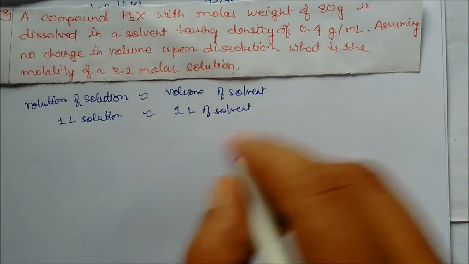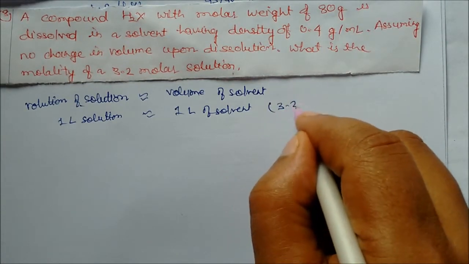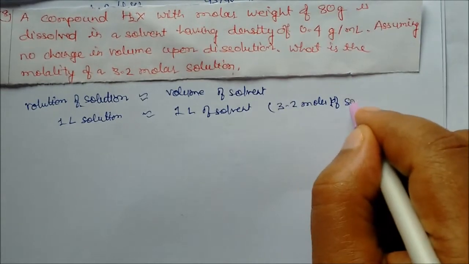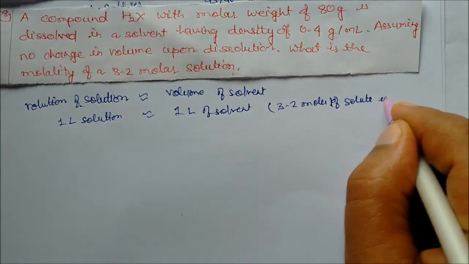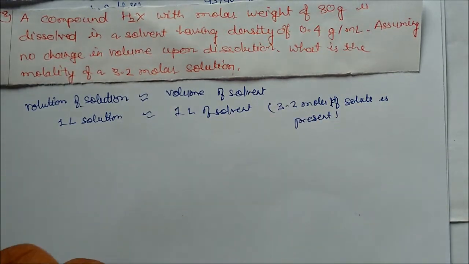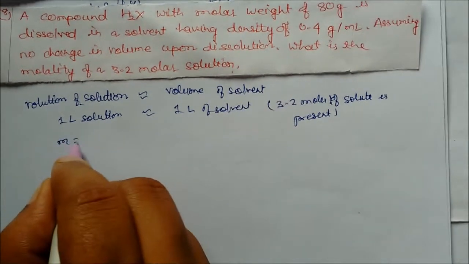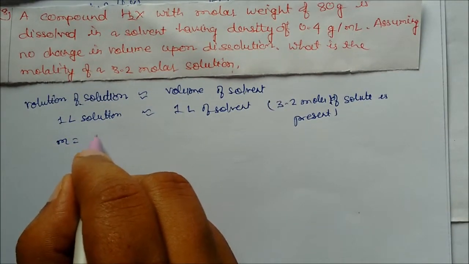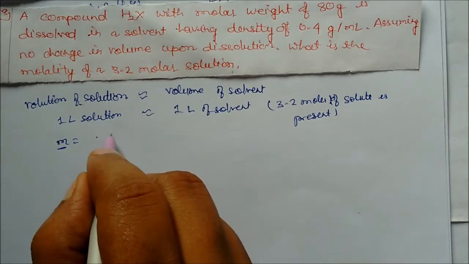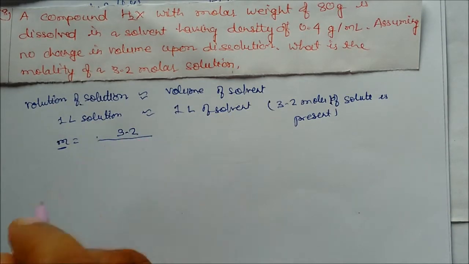And in 1 liter how many moles are present? So in 1 liter there are 3.2 moles of solute present. So this is 3.2 moles of solute present in 1 liter of solvent. So now our work becomes easier. So molality is moles of solute divided by weight of solution. The moles of solute is this much, 3.2, right here 3.2, and again here weight of the solution.